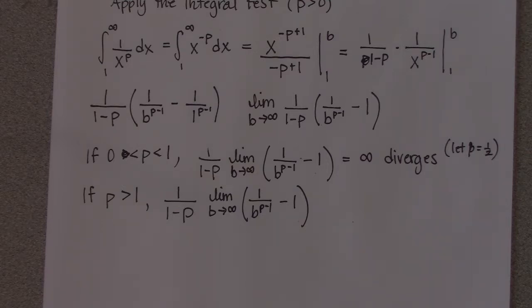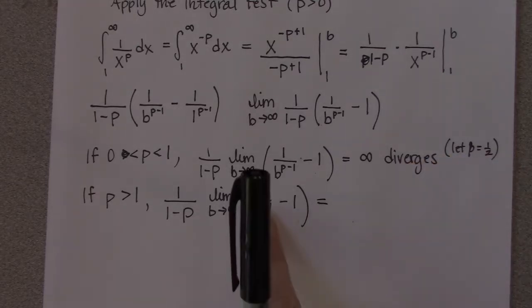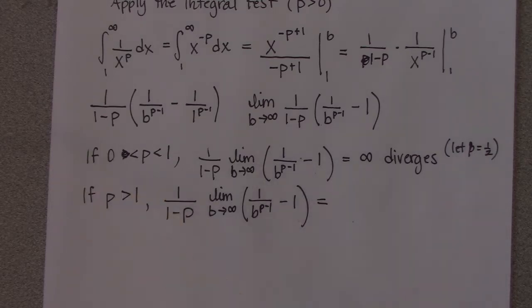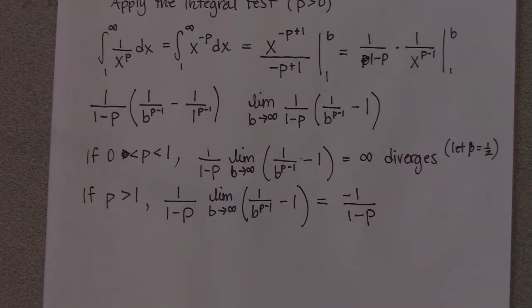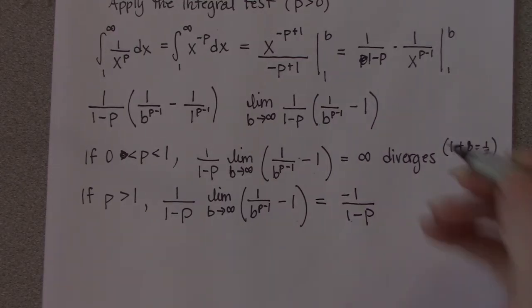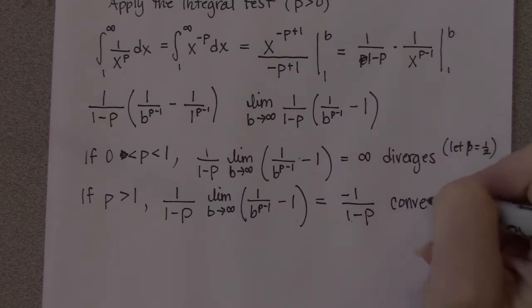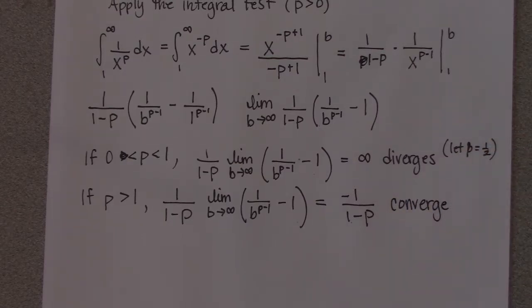And what's the limit of 1 over b as b goes to infinity? 0, right? So we get 0 minus 1, right? Still times 1 over 1 minus p. And it's okay that it's negative. It's an actual constant real number, so the limit exists. So these converge.